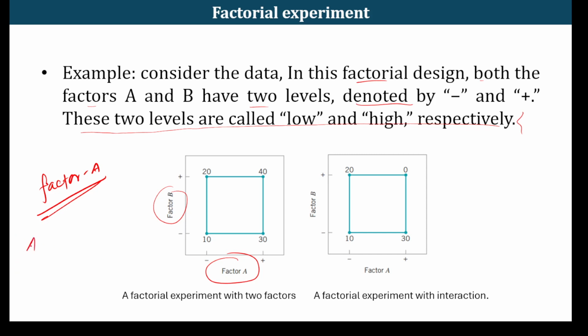The formula is y bar, the mean of A at positive, the high terms, minus y bar of A at negative. If you want B, it is y bar B positive minus y bar B negative.